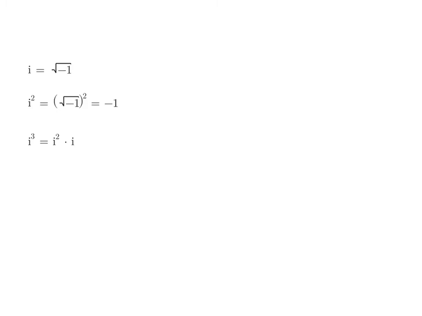It's just negative i. So i to the third equals negative i. All I did here is change i squared to negative 1. Negative 1 times i is just negative i.